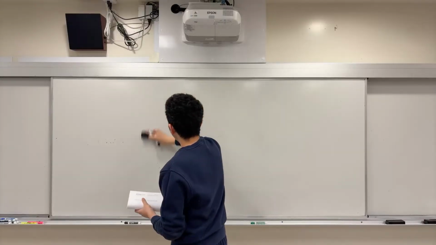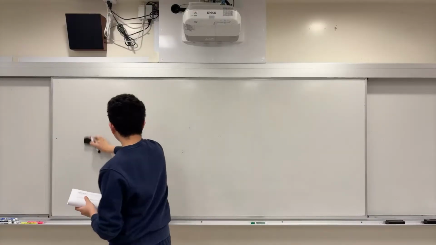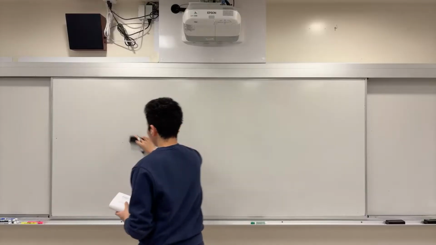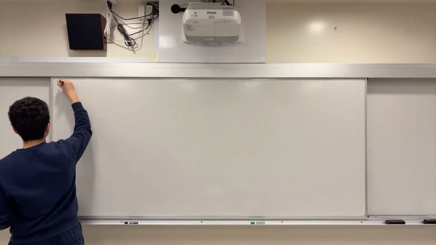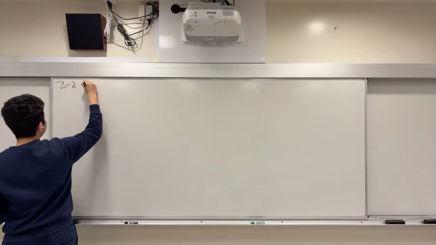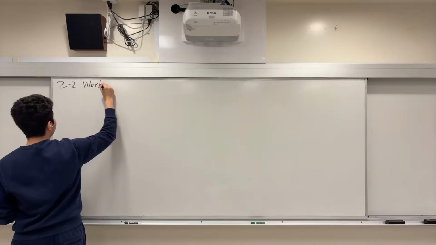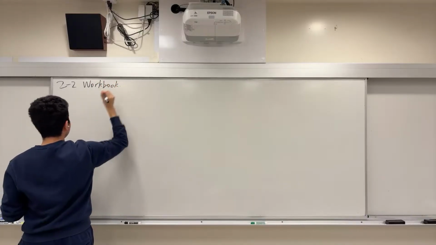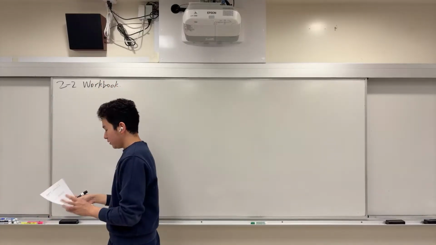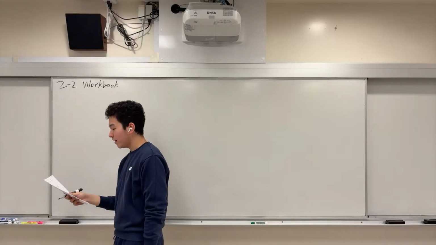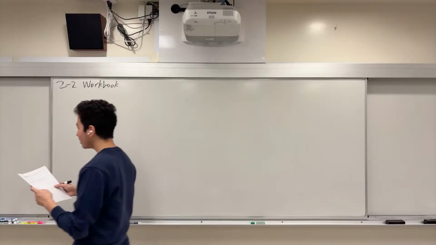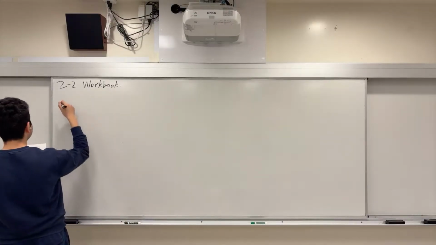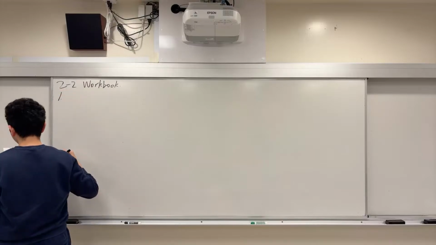Okay, so in your workbook, we're doing chapter 2.2. So number 1, the graphs of f of x and y equals x plus 1 are tangent at 2 comma 3.